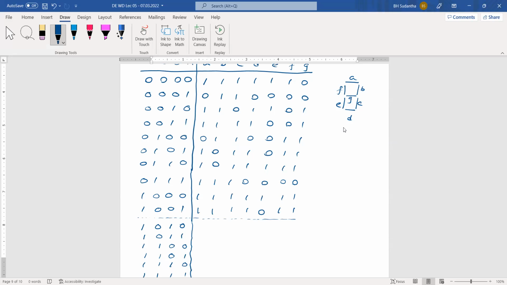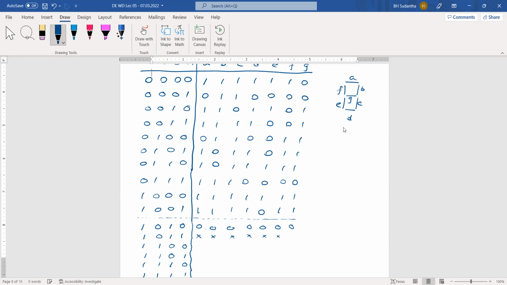Turning off the display means you can put zeros for all these 10 to 15 codes, these 6 values. You can put zeros like this. Okay. Then we can put 0, 0, 0. This is one way of doing this. Or maybe you can put X, don't care.